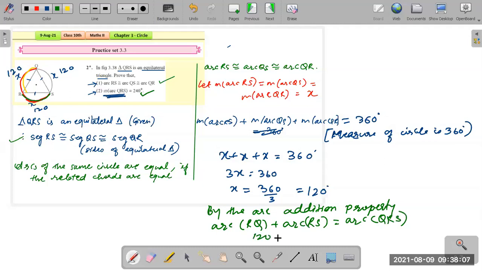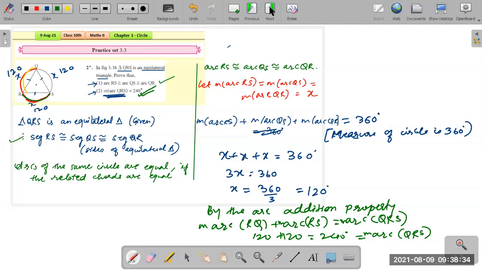Okay, so 120 plus 120, that is equal to 240 degrees. So we have got the measure of arc QRS. Of course, we have to write measure for each of them. Okay, measure of arc QRS, that is equal to how much? That is equal to 240 degrees. So that proves the second part. Okay, everyone.